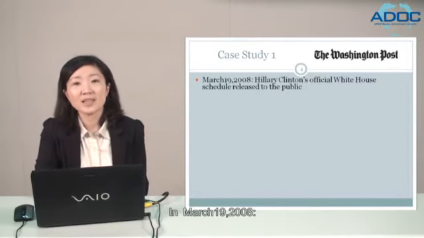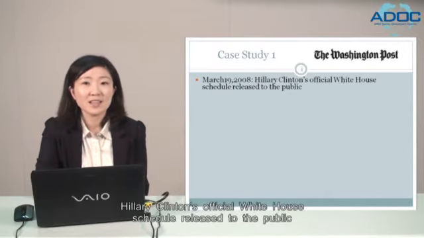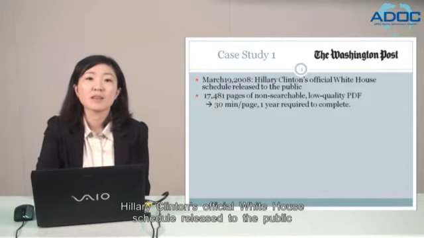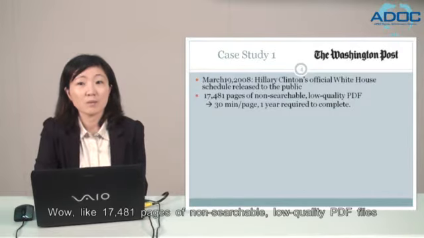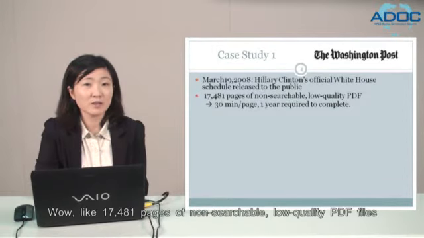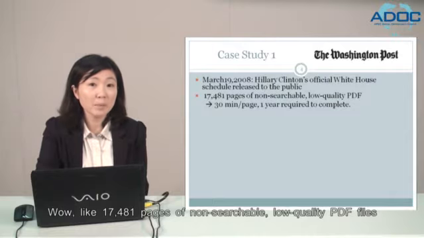On March 19, 2008, Hillary Clinton's official White House schedule was released to the public. Unfortunately, there are 17,481 pages of non-searchable, low-quality PDF files.